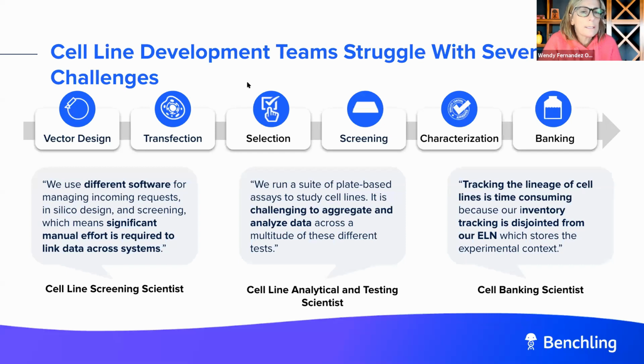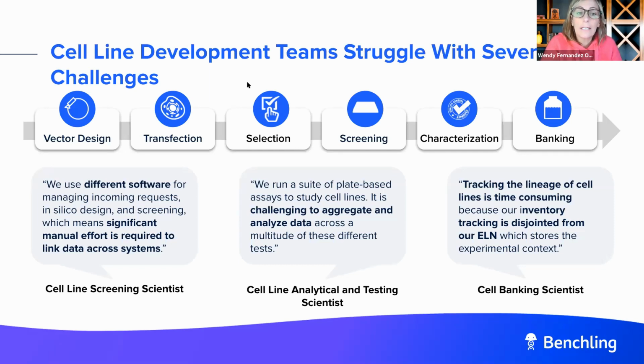All right, so we see teams struggle with several key challenges. For example, a cell line screening scientist is typically using different software tools for managing incoming requests, performing in silico molecular biology, and screening. And this requires manual effort to transfer and link data across these systems.